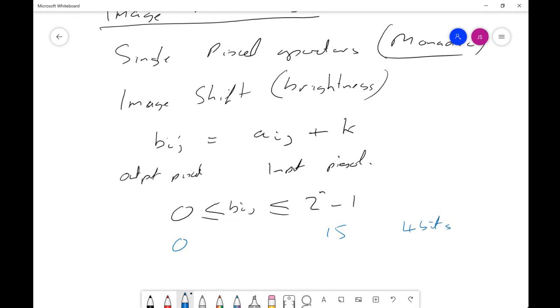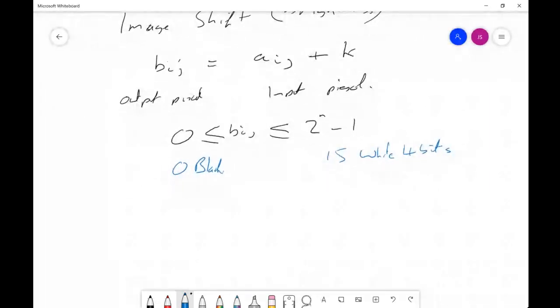And this is sometimes referred to as white. This is sometimes referred to as black. For real images, grey images, it is going to be 0 to 255, and that's 8-bit resolution.